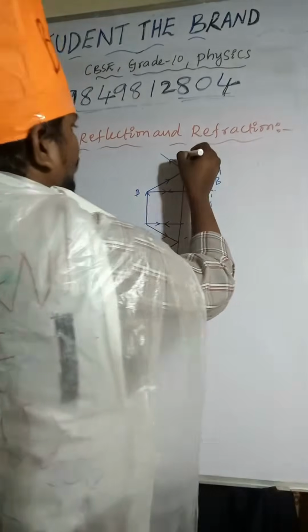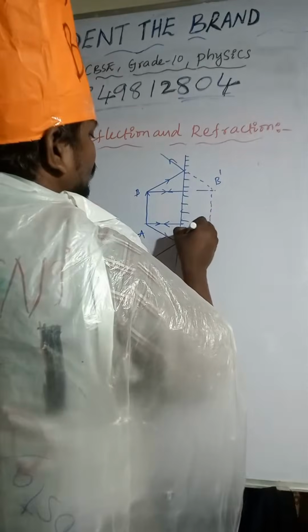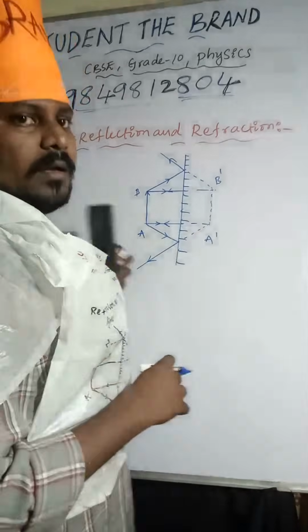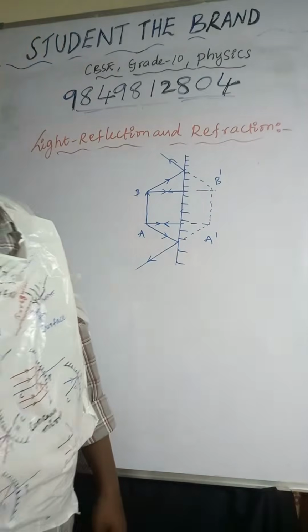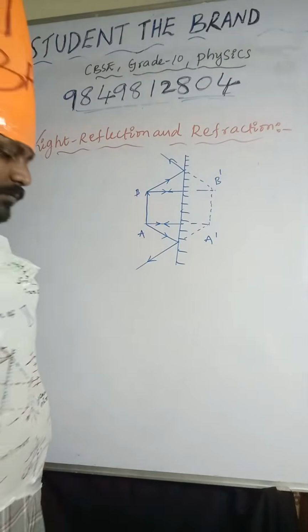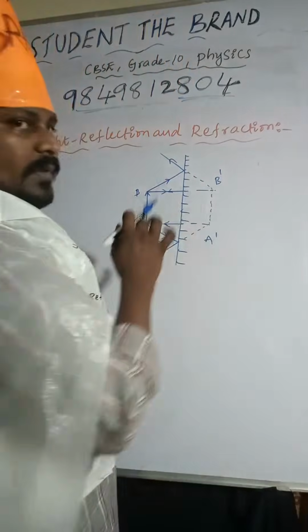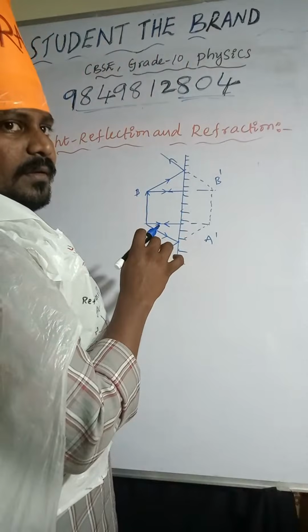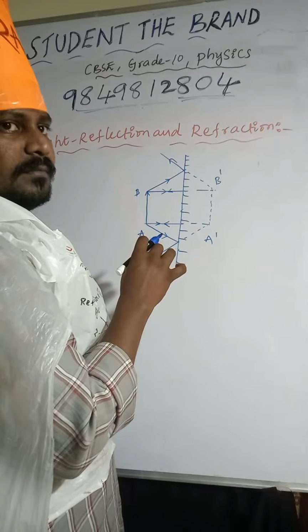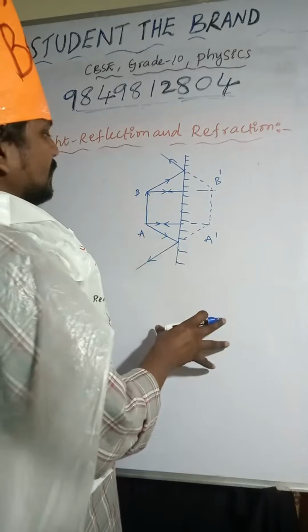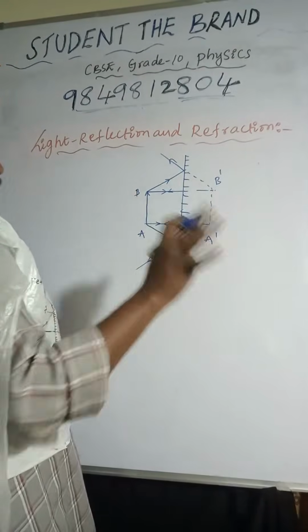Actually, this is a plane mirror. Observe carefully. Is it clear or not? Check once: AB, A dash, B dash.